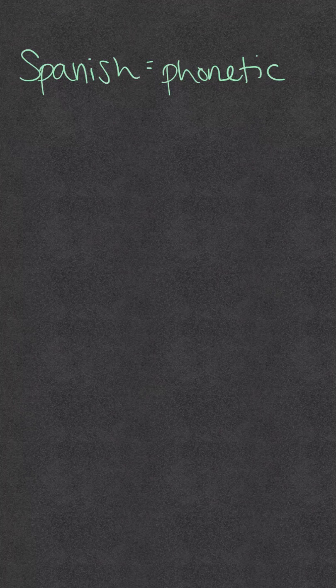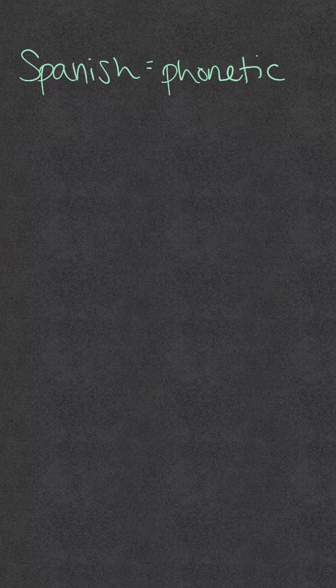Whereas in English, we have a very non-phonetic language, so it's pretty difficult to read and to learn how to write. When it comes to Spanish, though, as soon as you master our alphabet, you are going to be able to read seemingly fluently in Spanish. Now, you'll have no idea what you're saying, of course, but it's still going to be a pretty cool party trick.